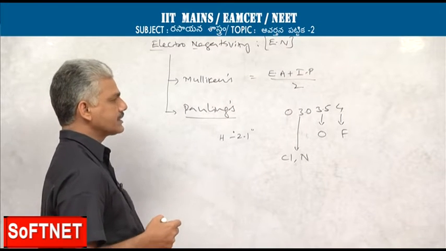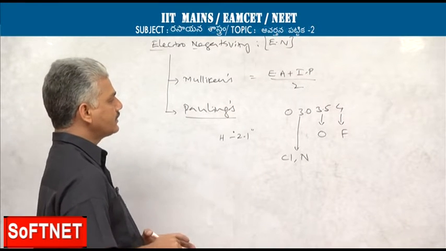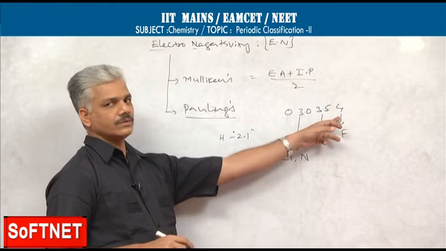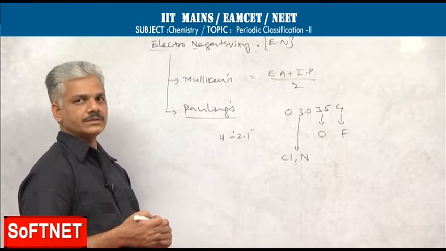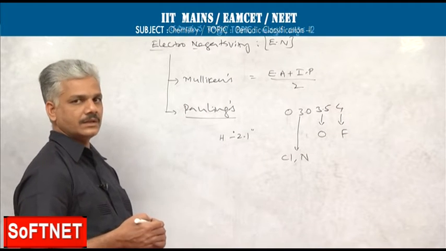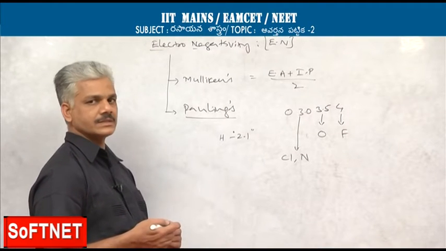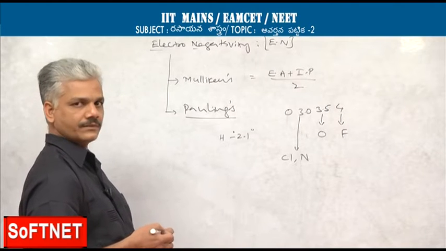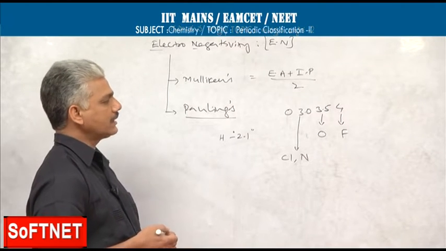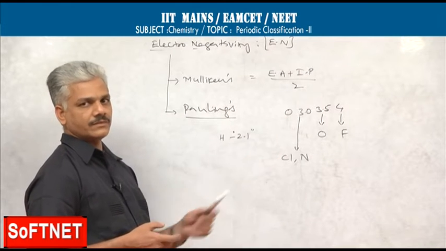All other elements have intermediate values somewhere between 0 to 4. Electronegativity is not defined for 0 group elements as they do not react with other elements under normal conditions. The electronegativity of first group elements is taken as almost equal to 0.